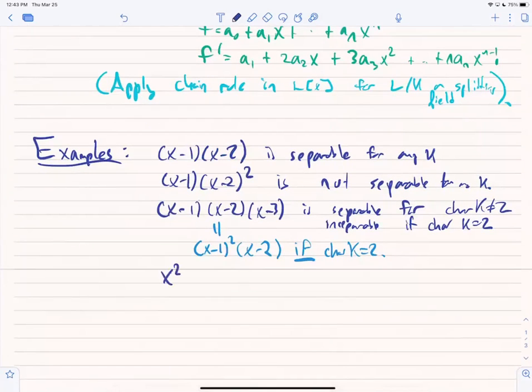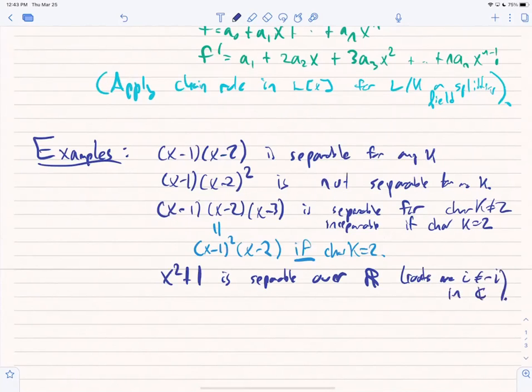Like x squared plus 1 is separable over the real numbers. It's irreducible over the real numbers, but I could either take its derivative and check it's coprime, or I could use that I know its roots are i and minus i in C. It doesn't hurt to just check this derivative condition.